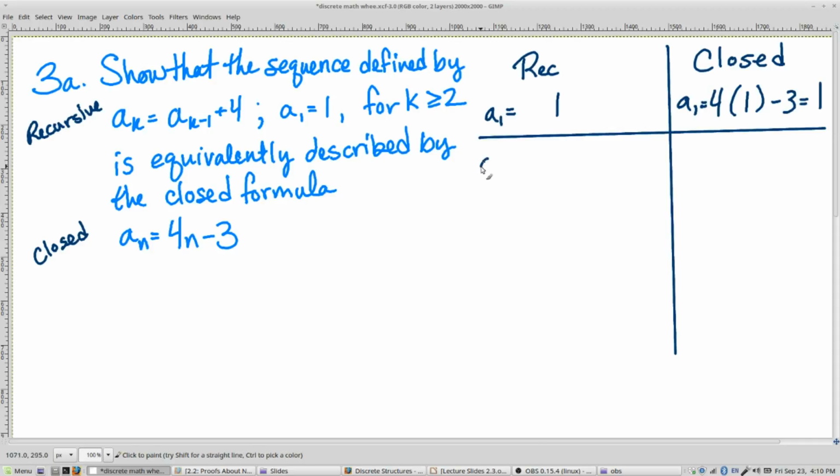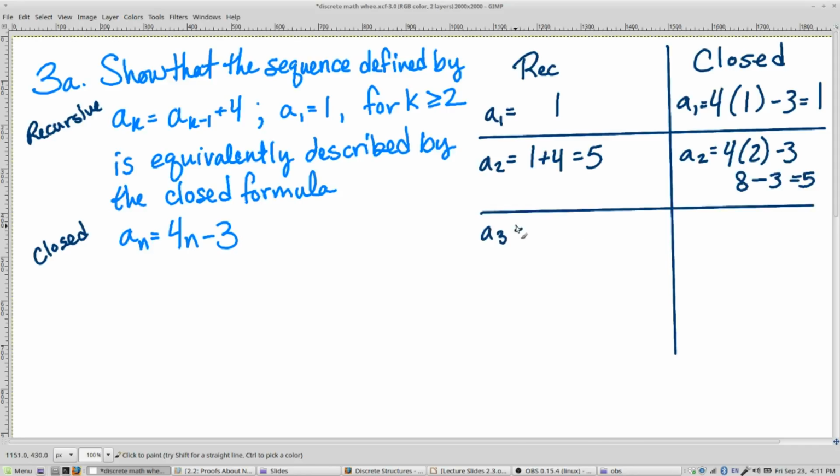Then if we look at a sub 2, it is equal to the previous value plus 4, which is 5. Here we have a sub 2 is equal to 4 times 2 minus 3. So this is 8 minus 3, which is equal to 5.